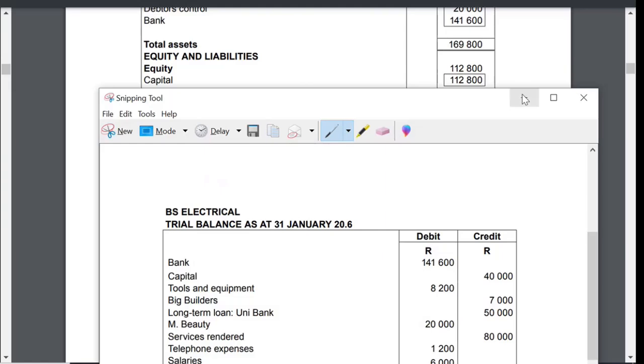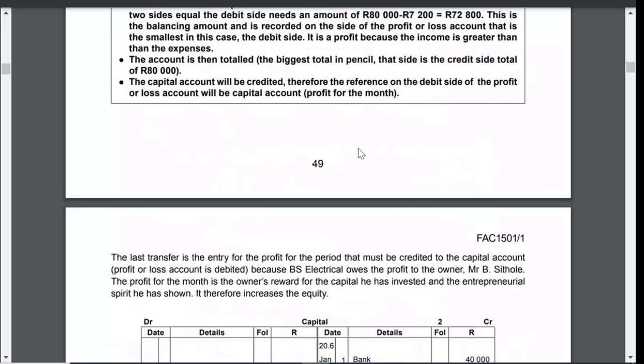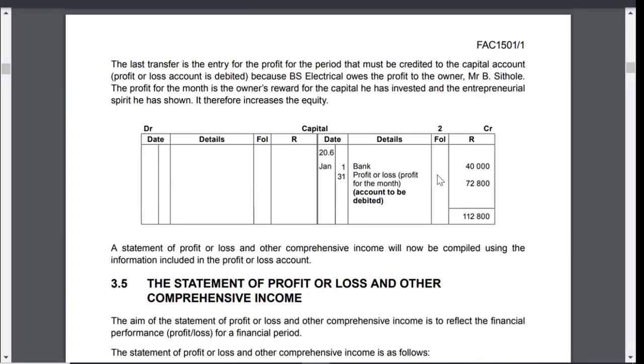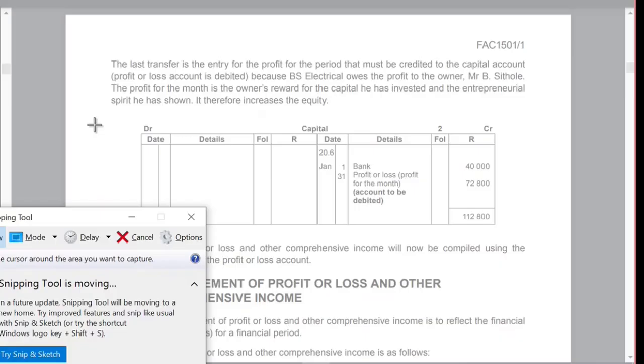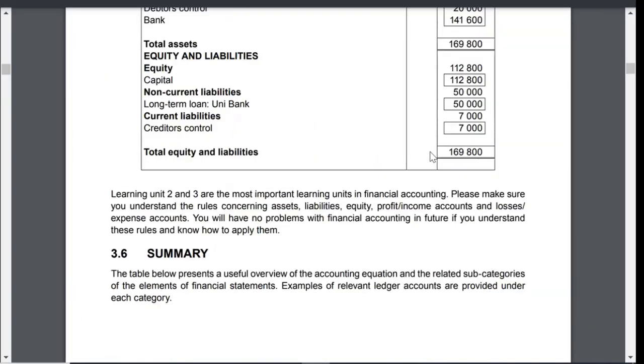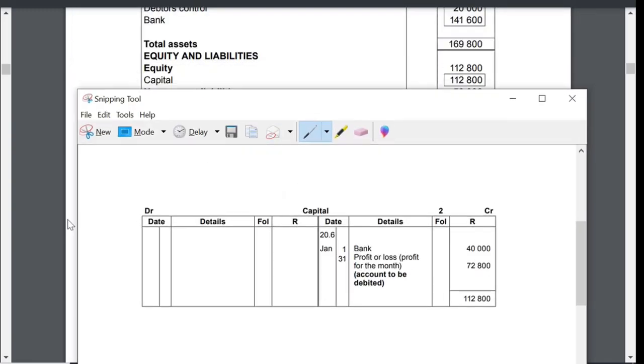So the 112,800 comes from the general ledger. Let's see the split of that. Can you see where the 112,800 is coming from? It is the capital contribution of 40,000 plus the profit or loss.